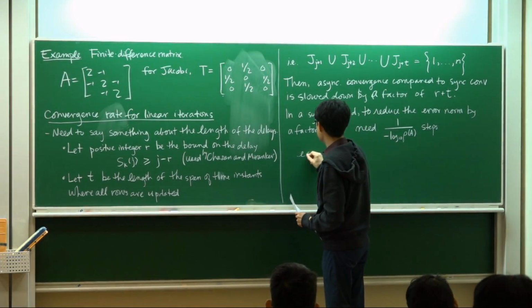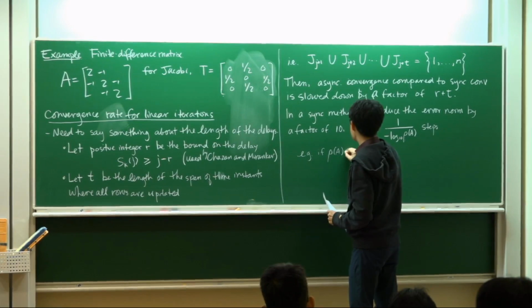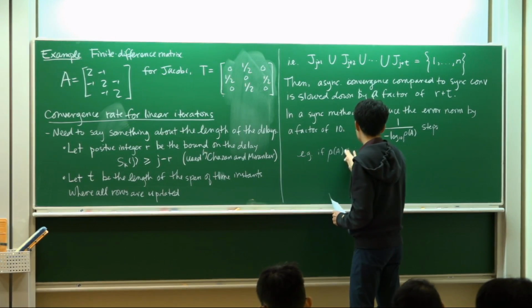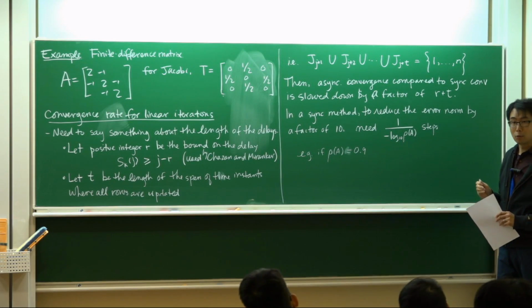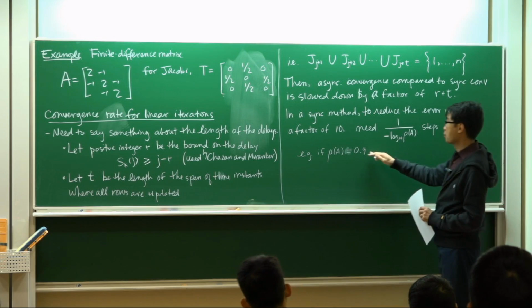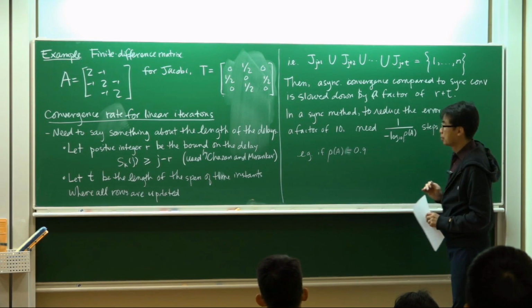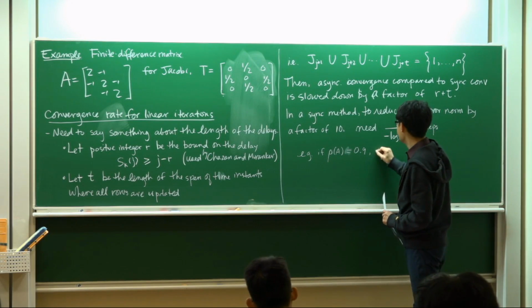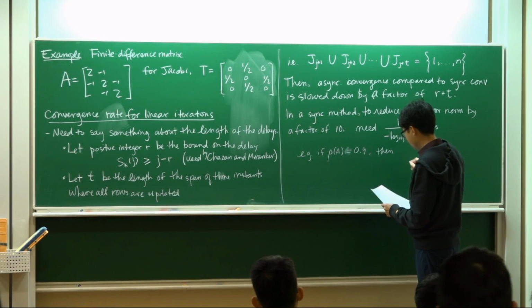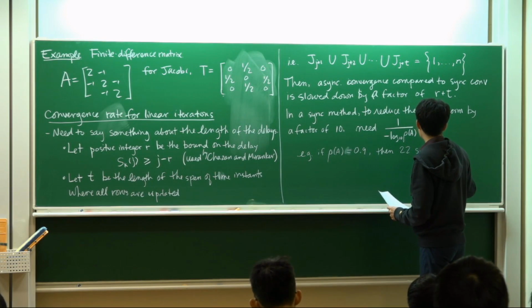As an example, if the spectral radius of A is equal to 0.9, in other words, we're reducing the norm of the error by a factor of 0.9 at every step, then you can just plug it into this formula. Then 22 steps are needed.